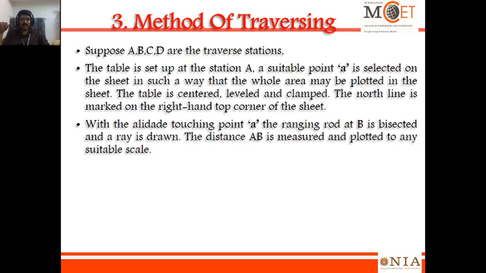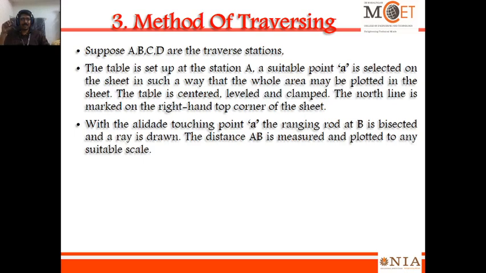Suppose A, B, C, D are the traverse stations. Here we have selected 4 stations. It may go beyond 4 stations also, 5 stations, 6 stations, whatever, right? The table is set up at station A. A suitable point small a is selected on the sheet in such a way that the whole area may be plotted in the sheet.